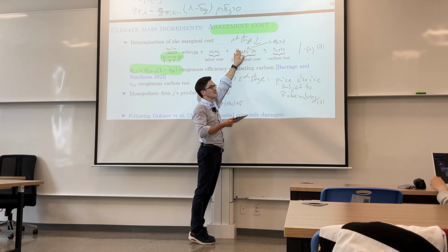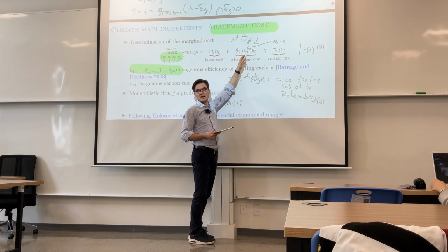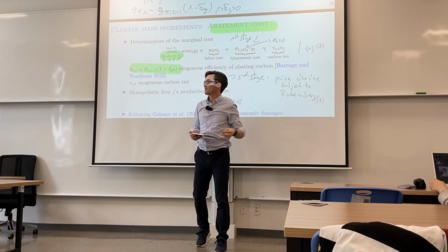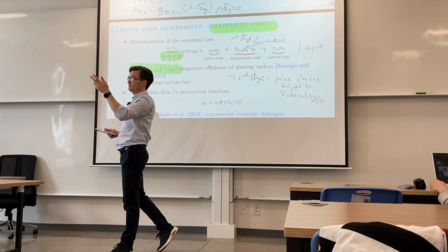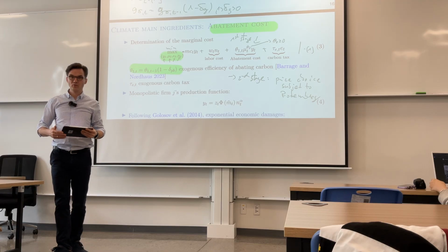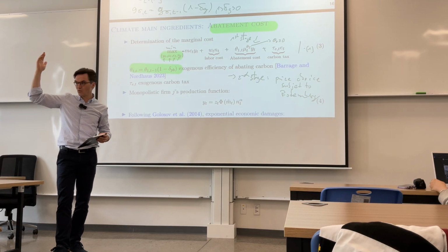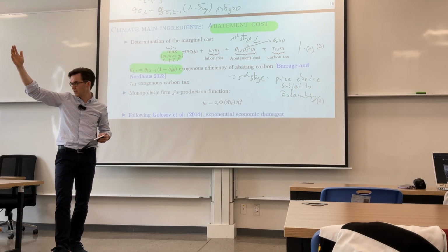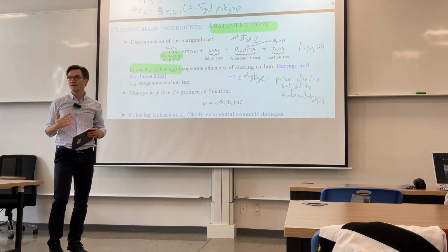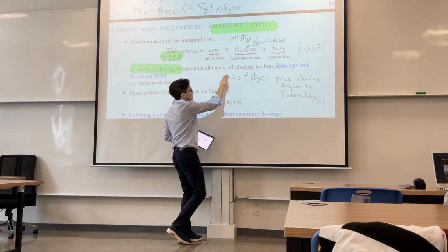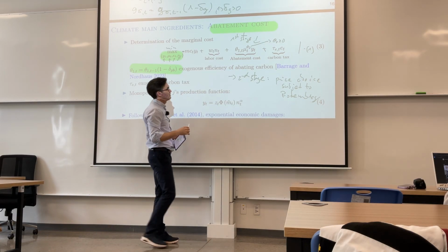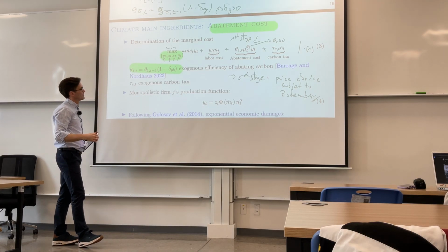So over time abatement is not as costly. Like developing the first carbon dioxide filter for a factory that burns fossil fuel was much more expensive 30, 40 years ago than it is today. And that's what this captures. There's also a possible trend in that.